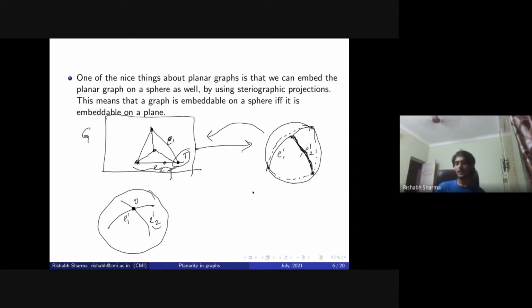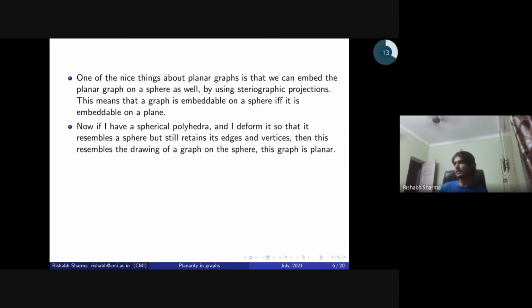Then the next step is that I take a spherical polyhedron, something like a tetrahedron or a cube or octahedron. Suppose I take a tetrahedron. And what I do is I sort of inflate this.